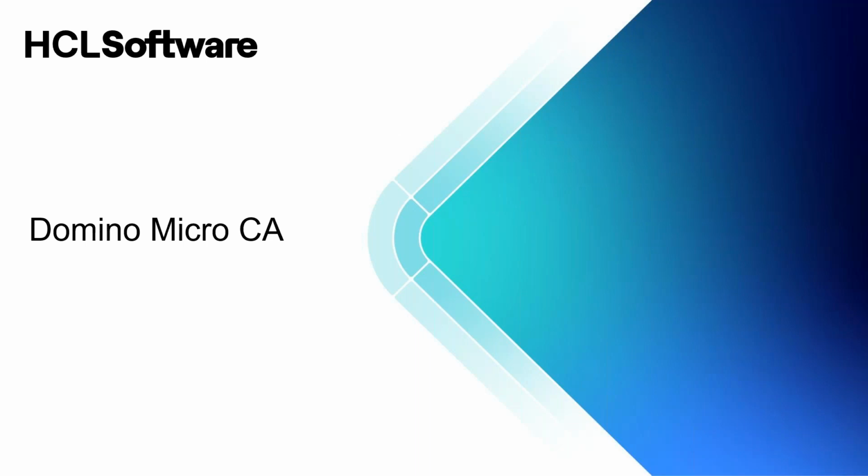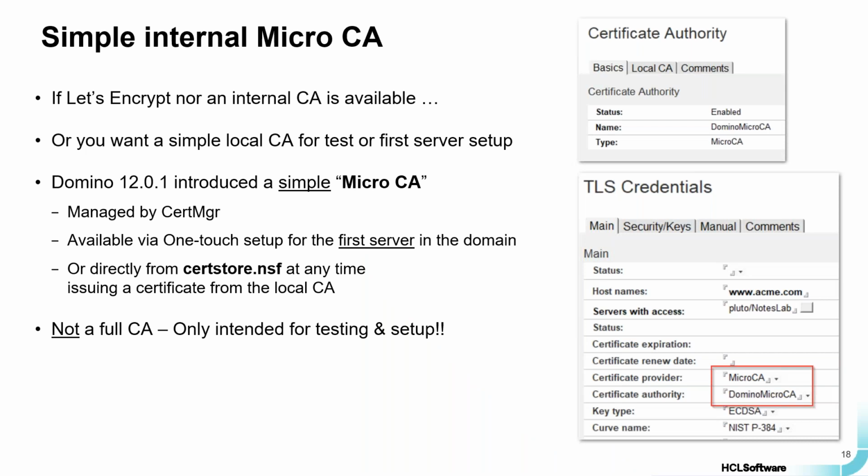One additional feature that has been around already in 12.0.1 is the micro CA. The micro CA was first introduced for the AppDev pack as a very simple component to create a pair, a root CA and a key and certificate.